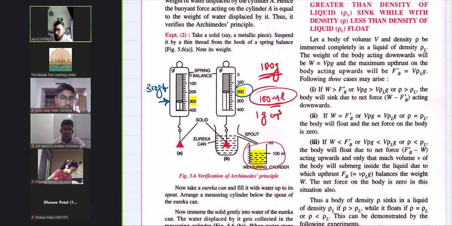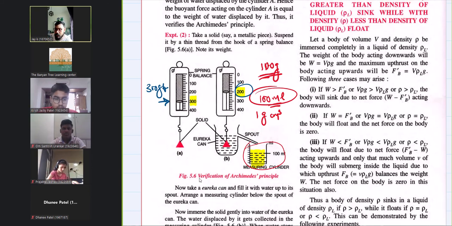But if you check, the liquid displaced by this submerged body was 100 ml. 100 ml means 100 grams in weight. So whatever upthrust is experienced by a body, the same weight of the liquid is displaced by the body. So this experiment verifies the Archimedes principle.